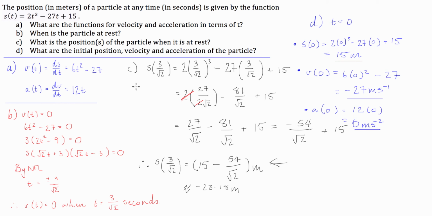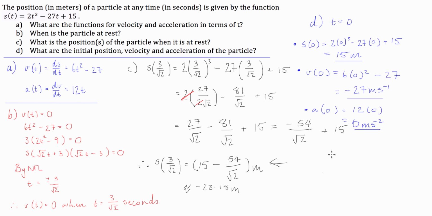This problem is about position, velocity, and acceleration. The thing you need to take away from it is the link between displacement and velocity: velocity is the derivative of displacement and acceleration is the derivative of velocity.